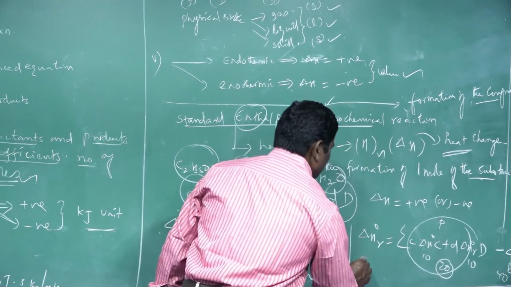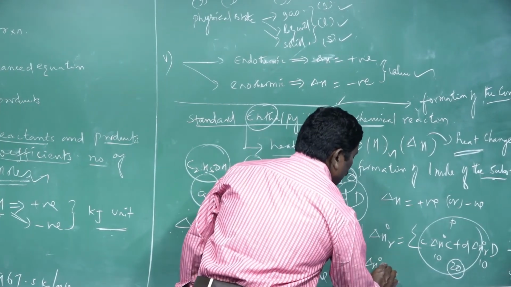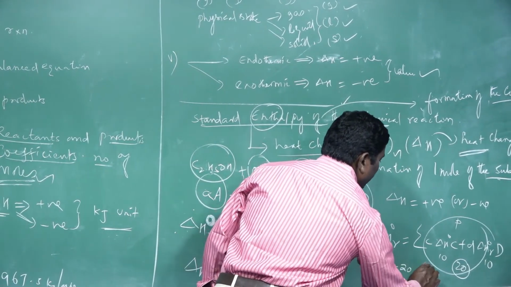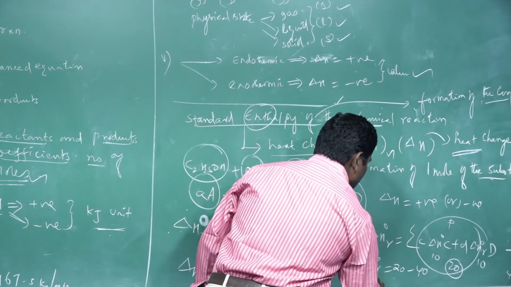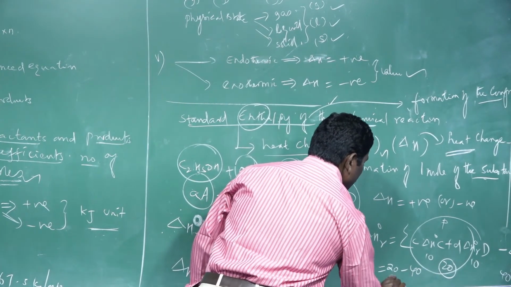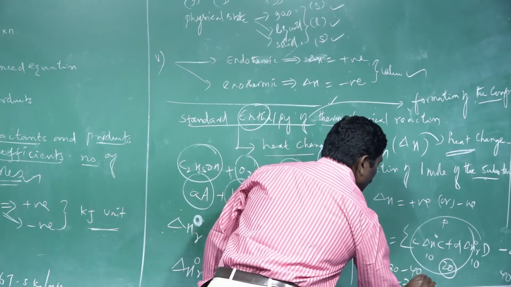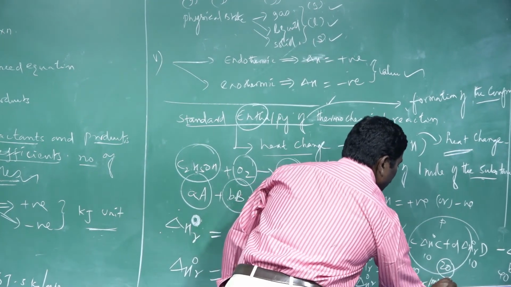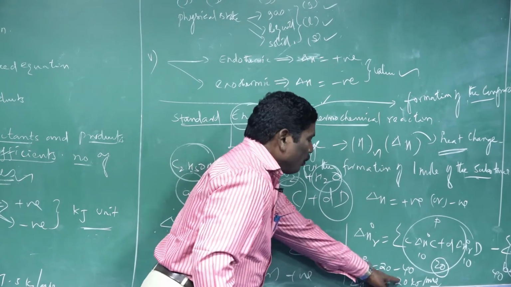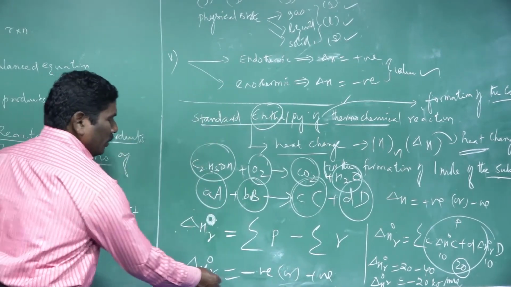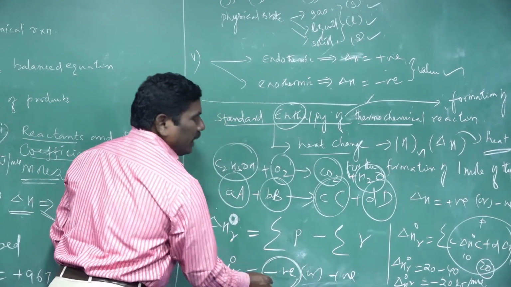Now delta H of the total reaction is equal to 20 minus 40. That means delta H of this reaction is equal to minus 20 kilojoule per mole. Finally, you come to know this reaction has a negative enthalpy value.